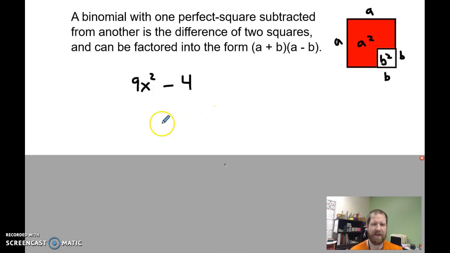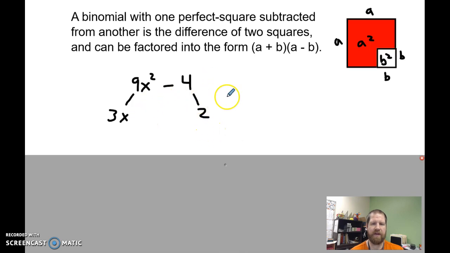So to factor these and make sure that they are the difference of two squares, we're going to look for our perfect square factors. So for 9x squared, 3x times 3x is 9x squared, and 2 is my factor of 4.